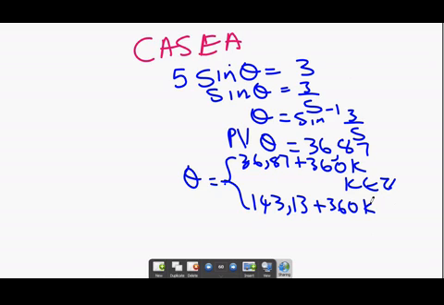Now that is case 1, where you are just solving and it's simple. Let's now look at case 2, which is case B. Now in case B, we have got both sine and cos in the equation.